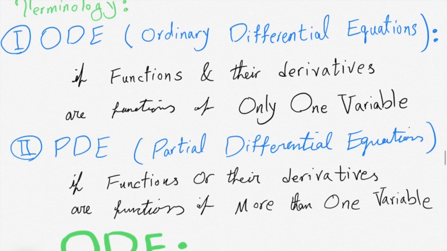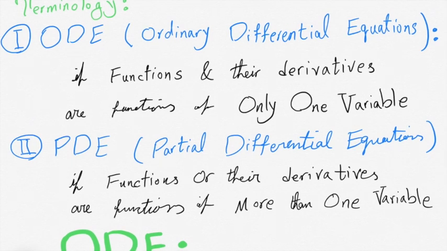So this was just for getting familiar, and in terminology we have two important classes of differential equations. One of them is ODE, as an abbreviation of ordinary differential equations. So if your function or its derivatives are functions of only one variable, then you call it ODE.